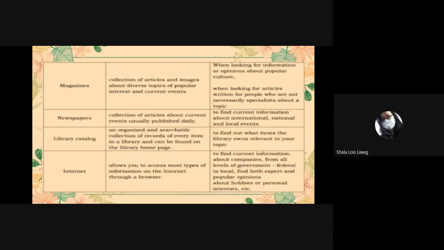It allows you to access most types of information through a browser. So this is very useful to find current information about companies from all levels of government, federal to local, find both expert and popular opinions about hobbies or personal interests, and more.